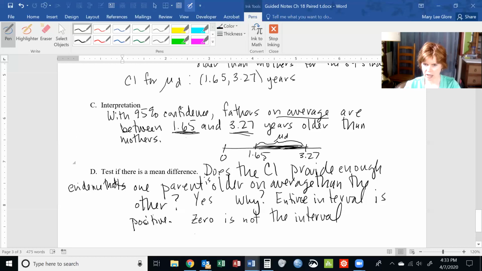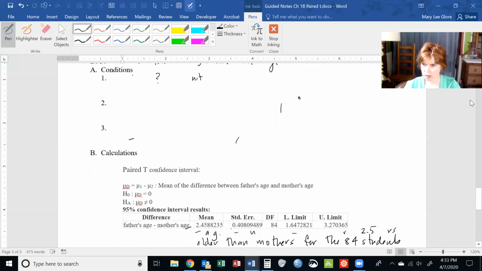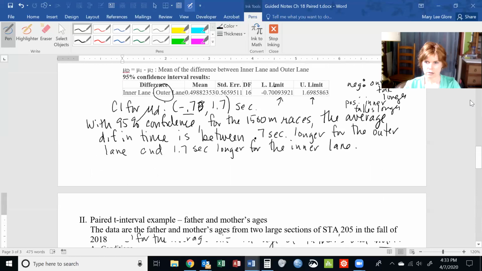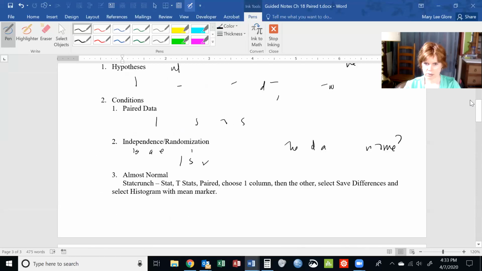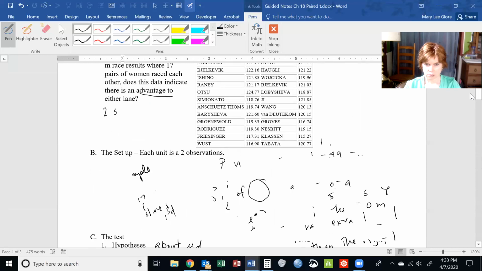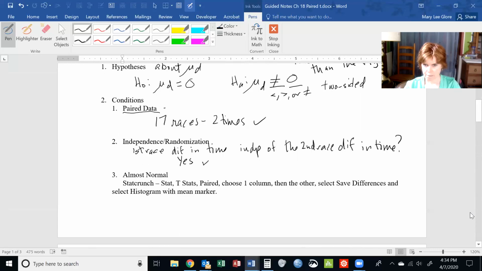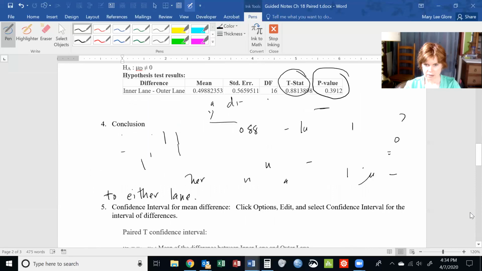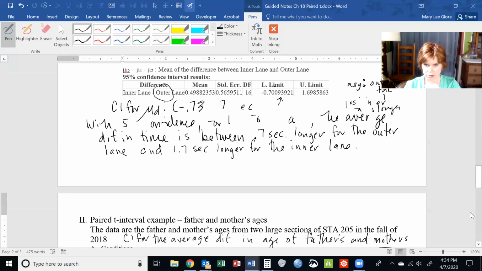But when I was looking at it earlier, when we did our other example, oops, I went too far. There we go. All right, notice that one side was negative and one side was positive. So 0 is in that interval.